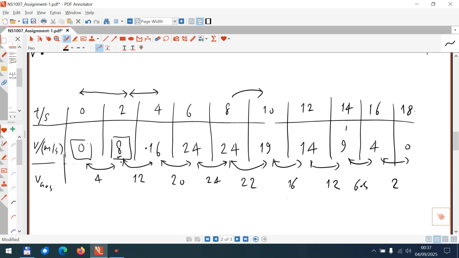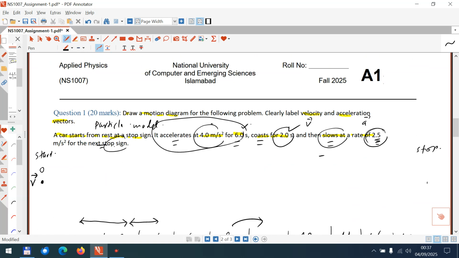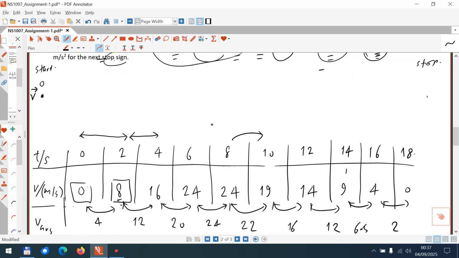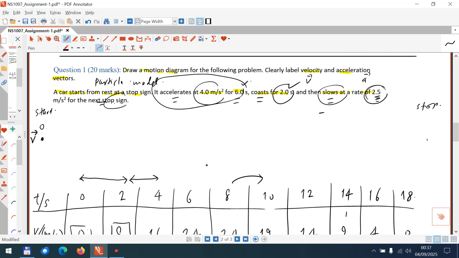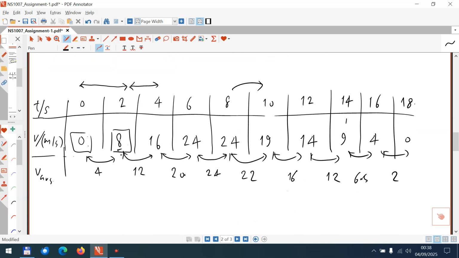Just to recap, we use the information given in the question to list down the speeds at different time instances, but we cannot use actual speeds to draw our motion diagram, in particular the velocity vectors. We converted those speeds to average speeds for each interval.